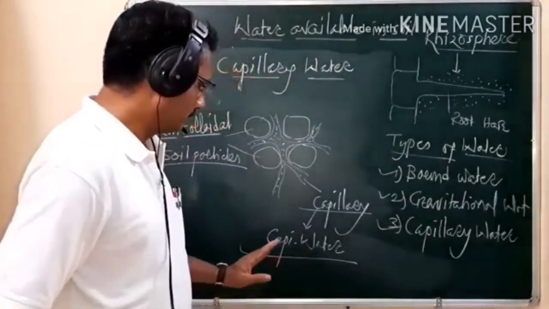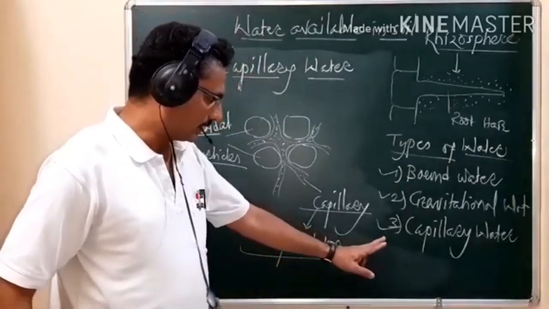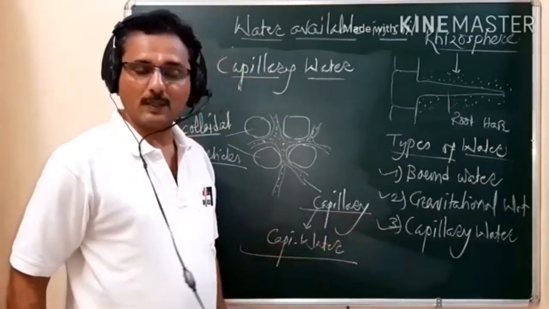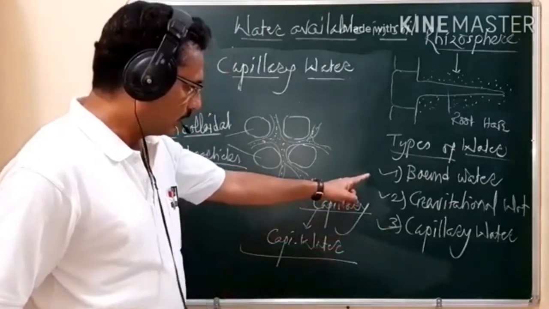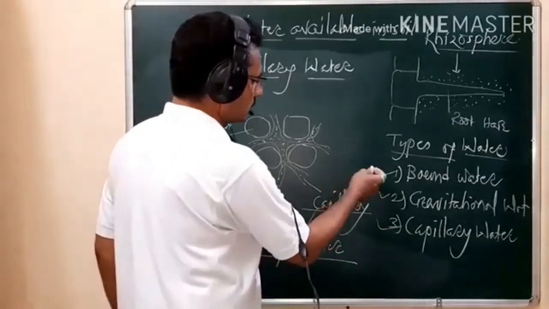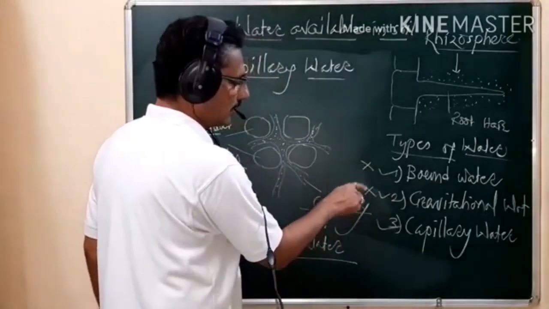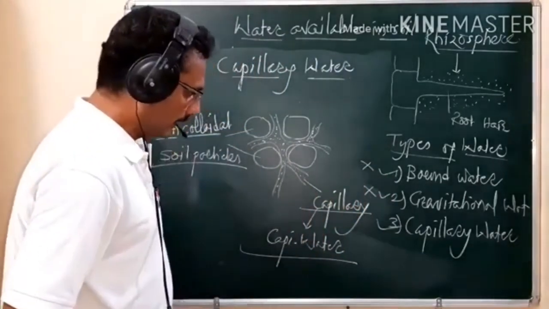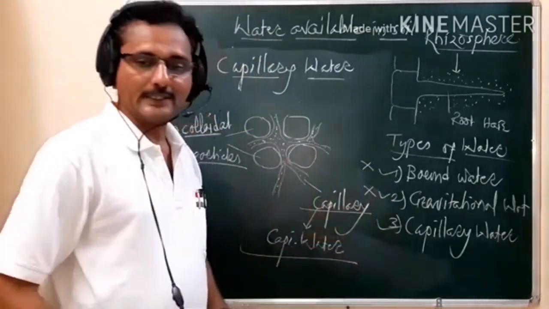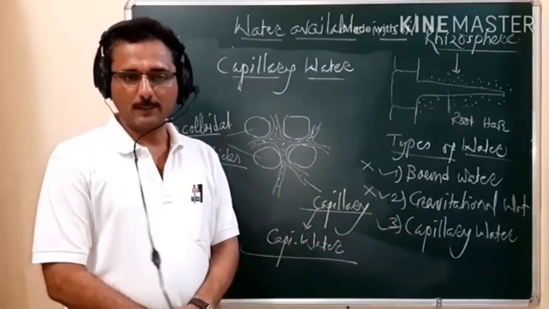So remember, student, this capillary water is available to the plant, and this bound water and gravitational water are not available to the plant. Only the capillary water is available to the plant. Okay, then we will move toward the next part.